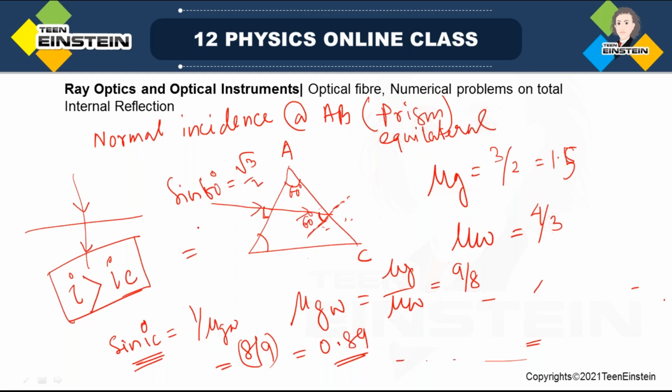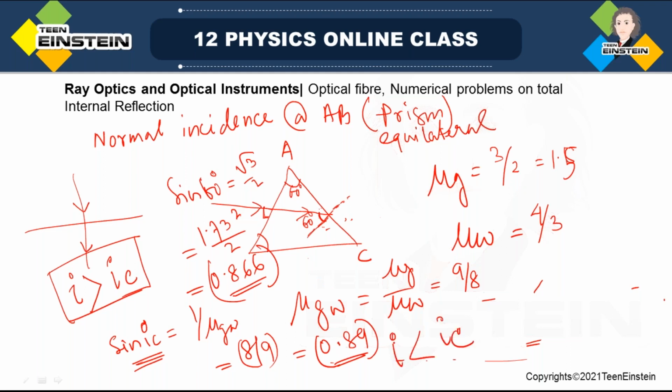Root 3 means 1.732 divided by 2, so you will get 0.866. So this value is less than the value of this. That means your angle of incidence is less than the critical angle. So there will be no TIR, total internal reflection.